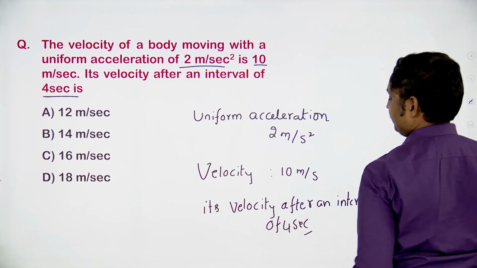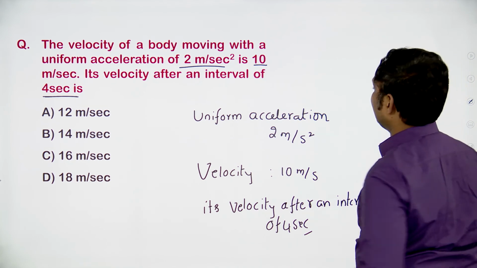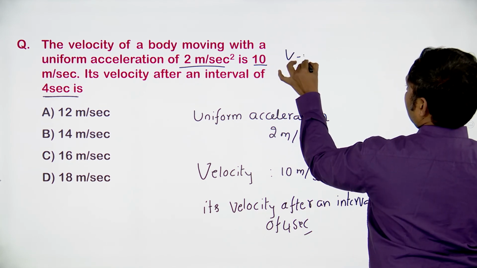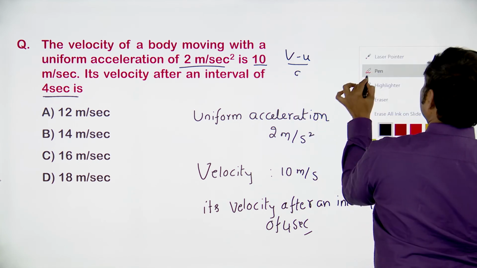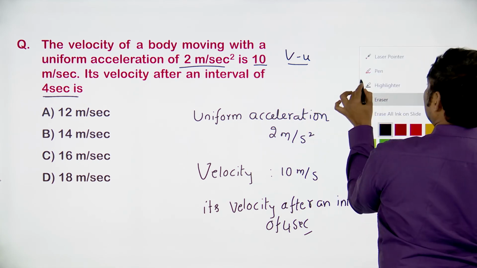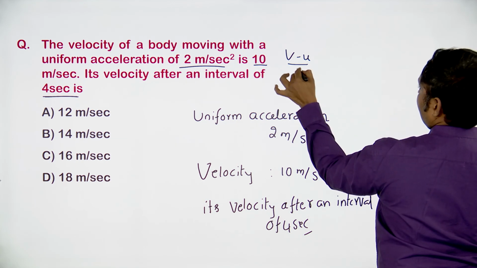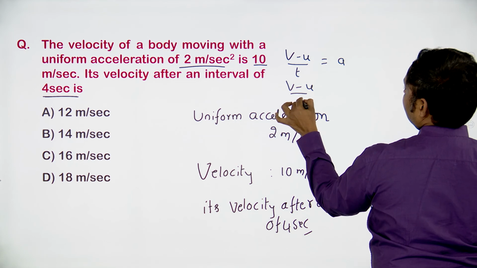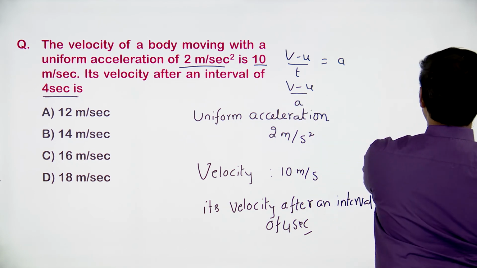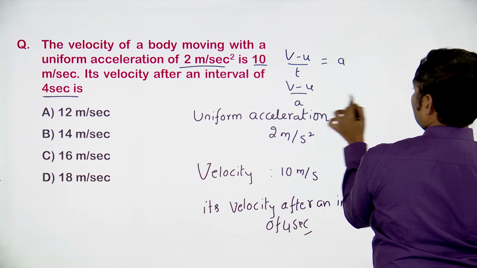You just have to apply this one. This is the basic model problem, V minus U by T is equal to A. Okay, V minus U by A, sorry, I would like to go for this one.